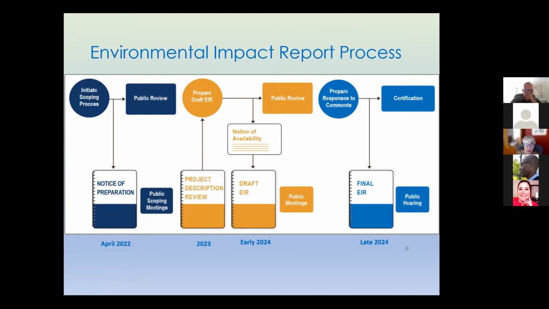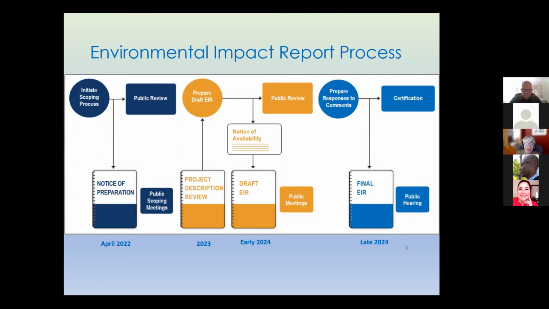What are the environmental issues you want to see addressed in the EIR? Do you have any particular concerns about how the project might affect you, your neighborhood, or the environment around you? You can find the notice of preparation on the JPA's website if you want more information on the project to help you prepare your comments. And you can submit comments until June 15th.